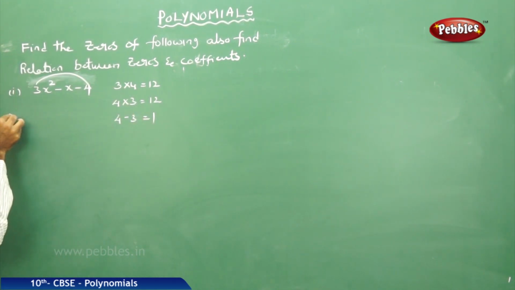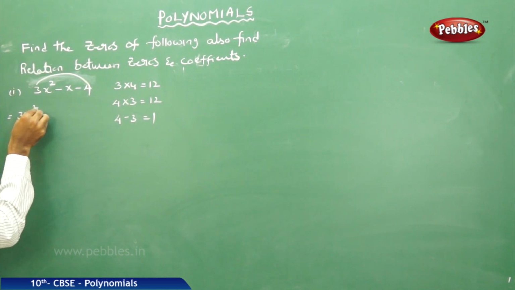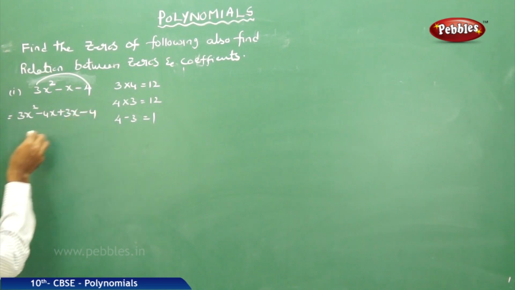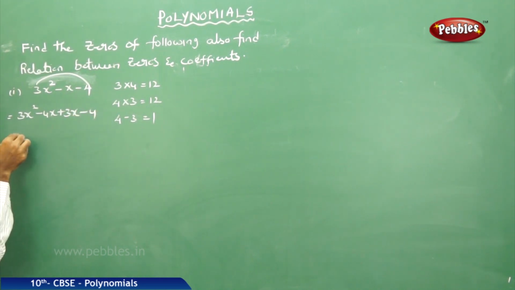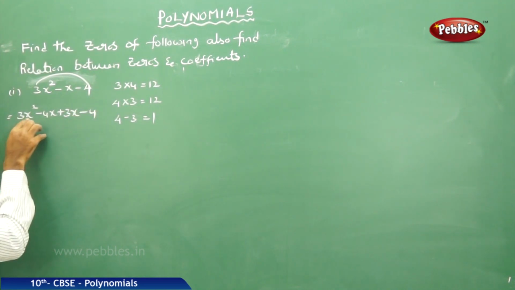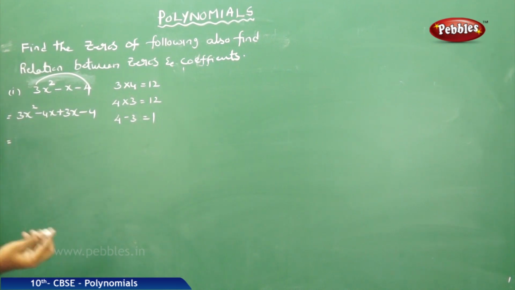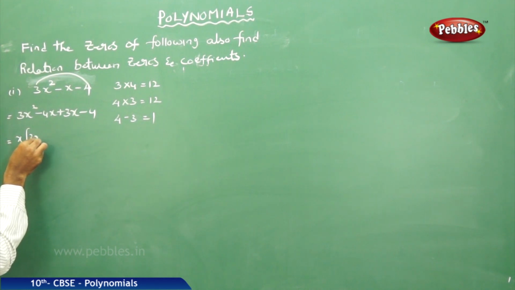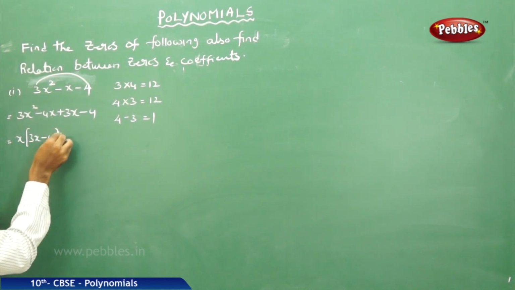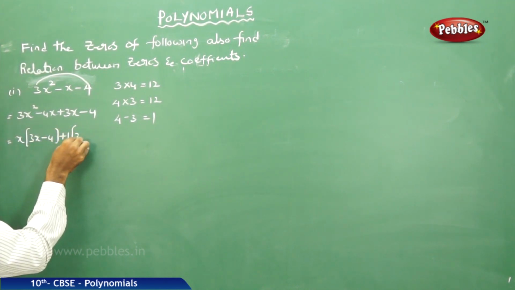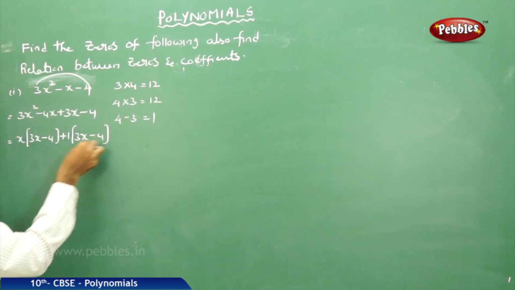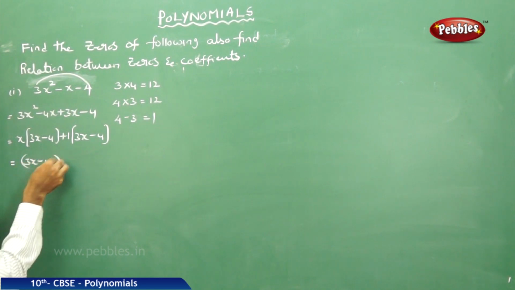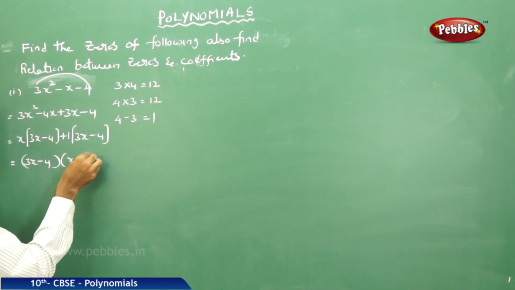Arrange these in order, that is 3x square minus 4x plus 3x minus 4. From these two terms I am unable to take any number as common, that's why take x as the common, that is 3x minus 4, plus 1 common, 3x minus 4. Now the common factor is 3x minus 4, the other factor is x plus 1.